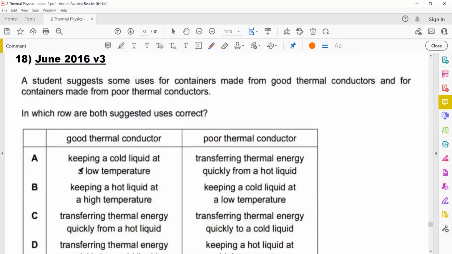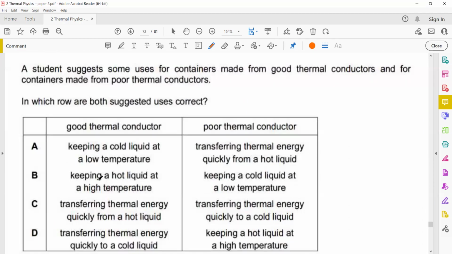Question 18. A student suggested some uses for containers made from good thermal conductors and for containers made from poor thermal conductors. In which row are both suggested uses correct? Okay, in good thermal conductors, keeping cold liquid at low temperature, this is incorrect.